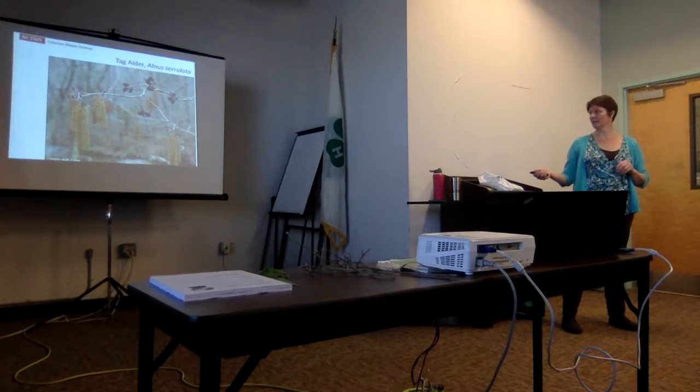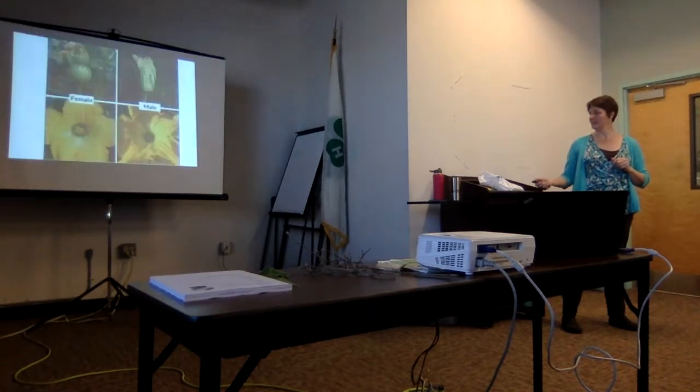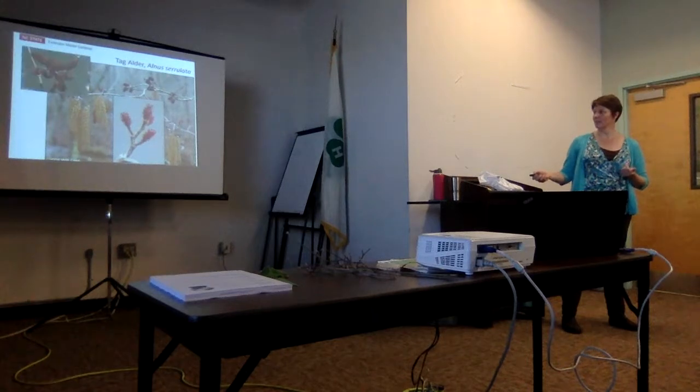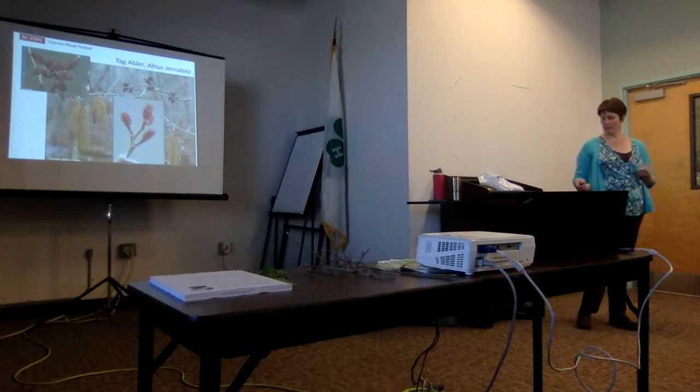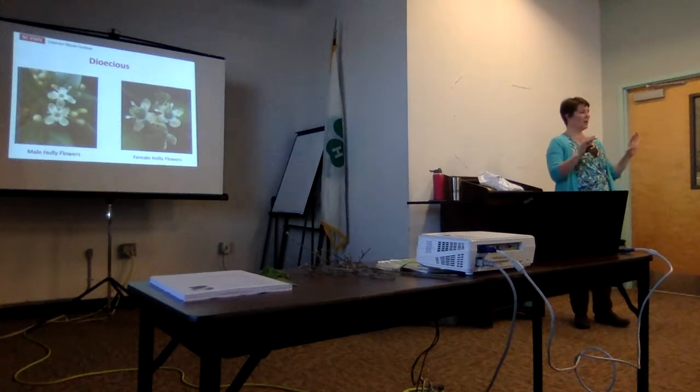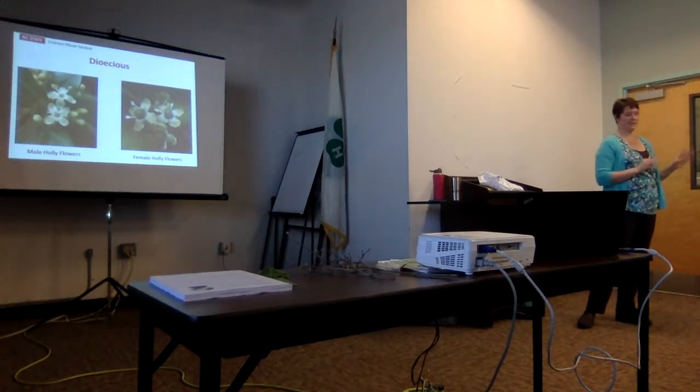Not a true cone, but it looks like a tiny cone and it holds the seed. Those were last year's female flowers that became seeds. That's a close-up of the female flower, and that's where it develops into the seed-bearing structure. So those are all monoecious, separate male and female flowers on the same plant.